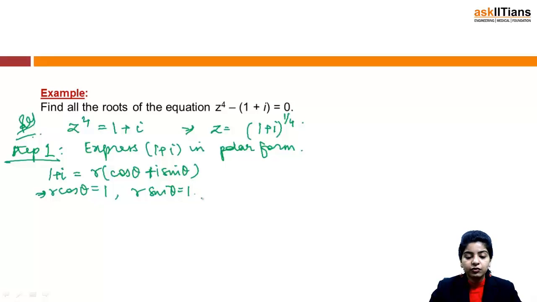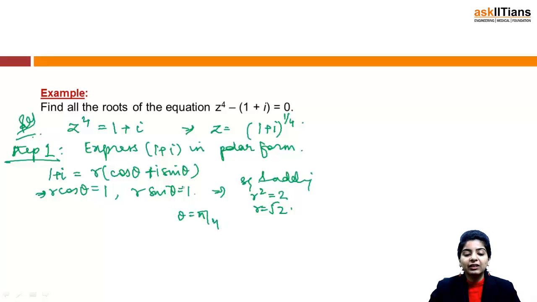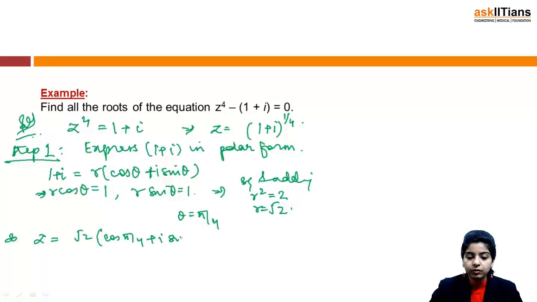So from this we can conclude that you can square and add, and you can get r square is 2, so r becomes root 2, and we have obtained the value of r, and similarly you can obtain the value of theta also. You can divide it and get tan theta equal to 1, so theta becomes pi by 4. So finally 1 plus i becomes root 2 (cos of pi by 4 plus iota sine pi by 4).